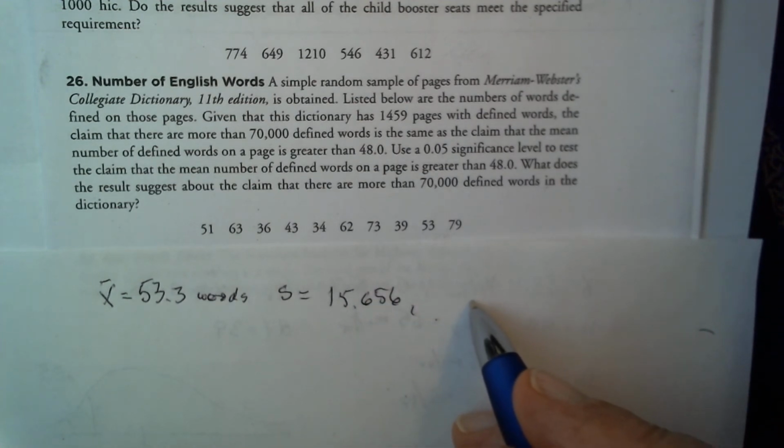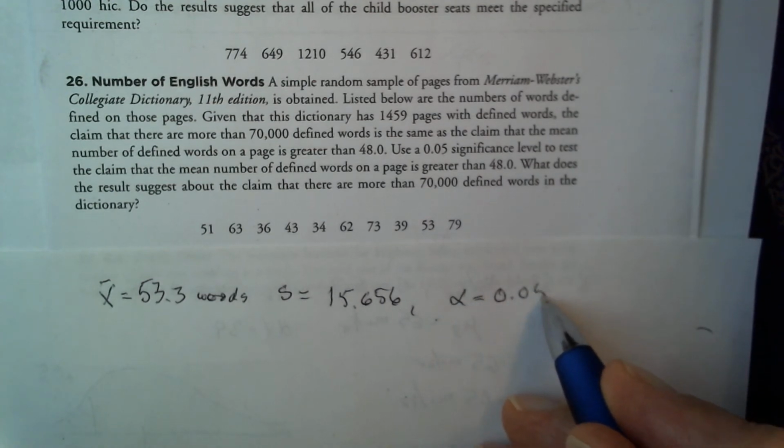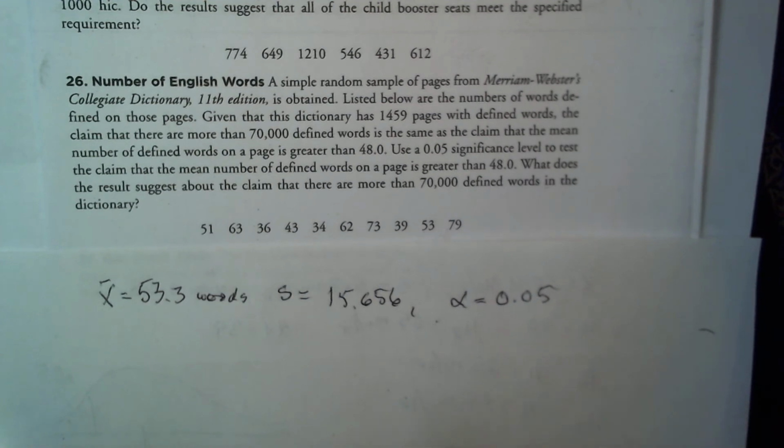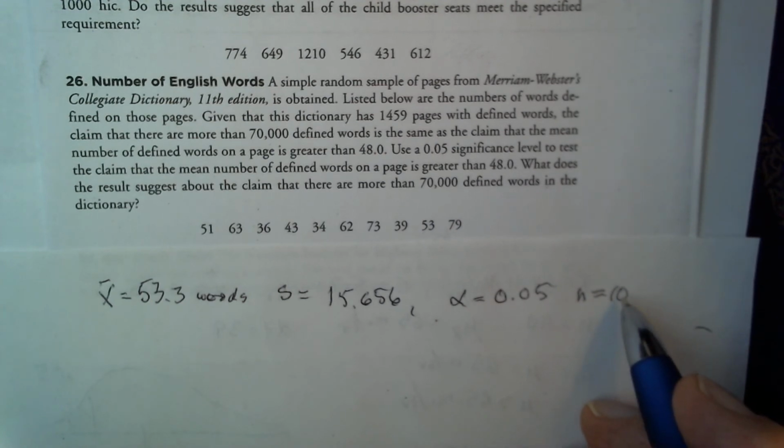Our alpha level is 0.05, and n is equal to 10. There are 10 samples.